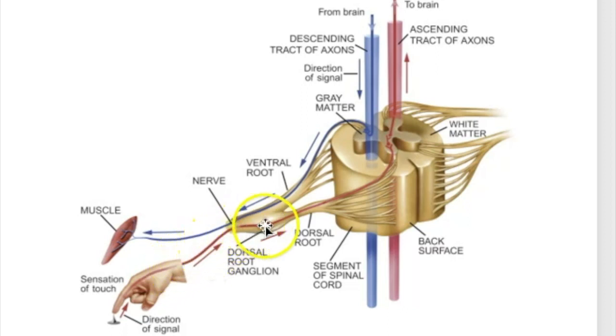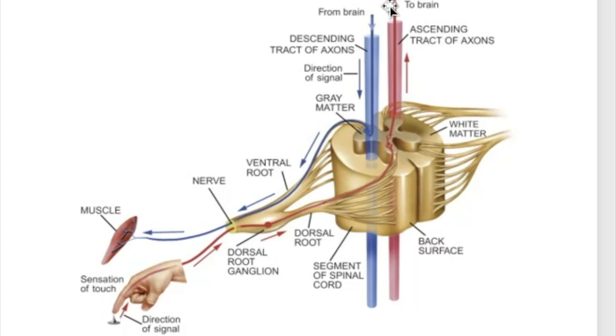Ascending sensory nerves are going to come in through the spinal nerves into the spinal cord. Sensory information travels through the dorsal root. Remember, once it gets into the cord, it's going to travel up ascending tracts towards the brain.